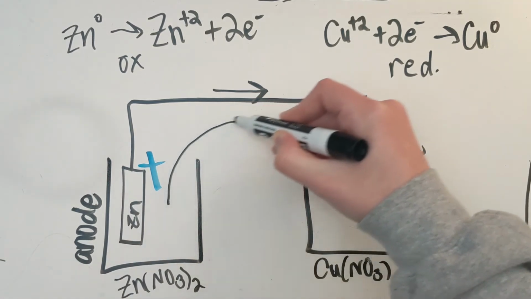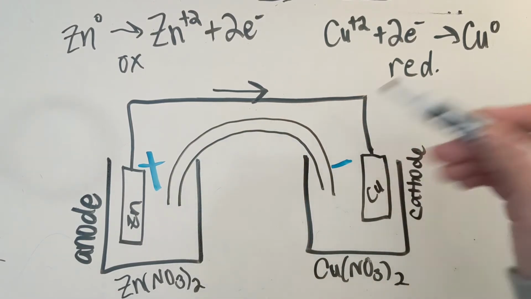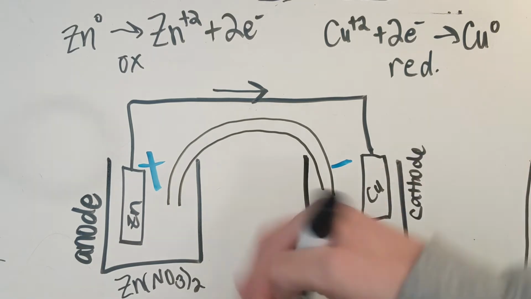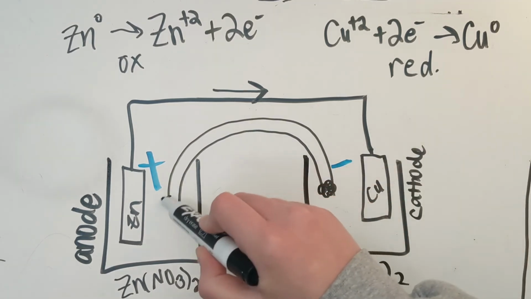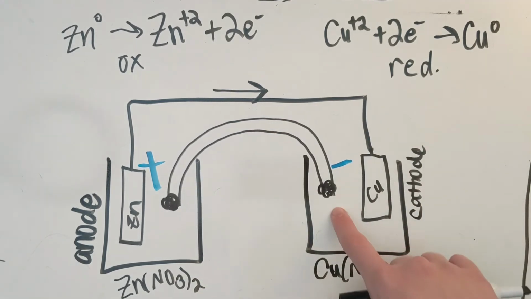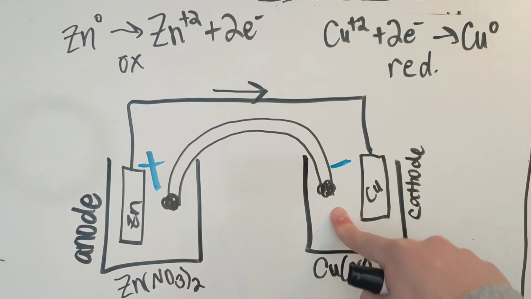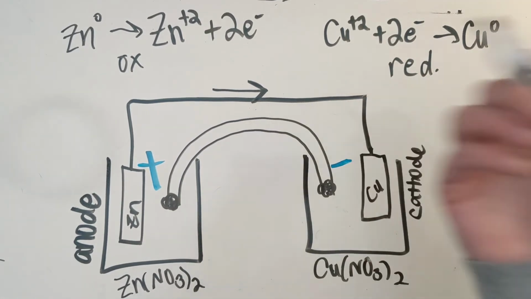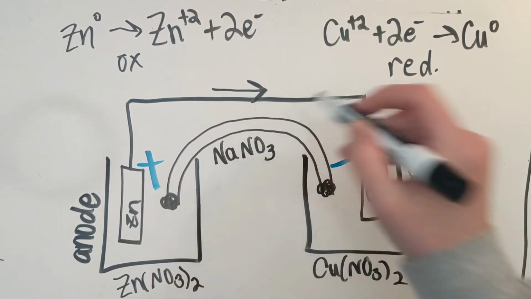Salt bridge usually looks something like this. It's a U tube because it's U-shaped. There'll be some type of semi-permeable plugs at the end of this, meaning some solution can get in and out. Cotton balls is actually one of the more common things. And in this, we would have something super soluble, probably something like sodium nitrate.